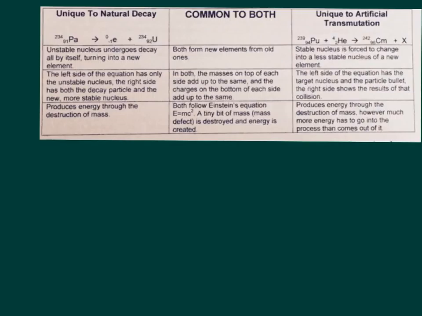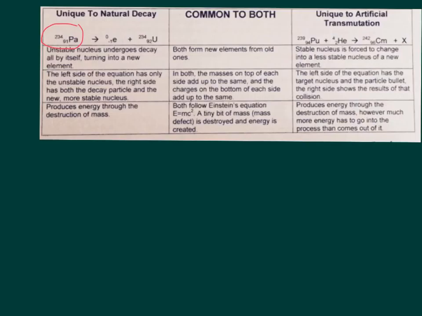So as you can see here on the left, this is an example of nuclear decay. Notice how we're only starting with one element, and then we have our yield sign, and then our nuclear particle.